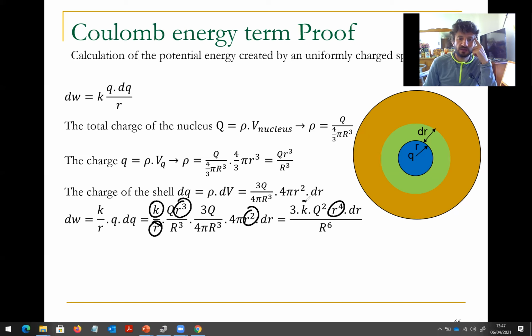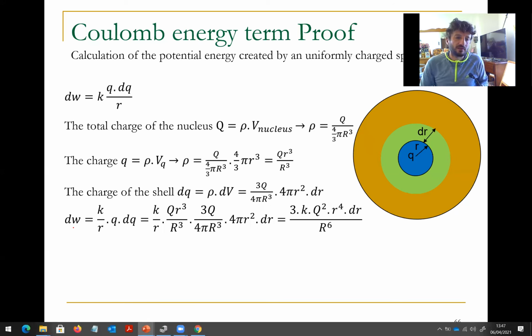We have k, capital Q times capital Q equals Q square. Here we can eliminate 4π and 4π, and R cube times R cube equals R^6, times dr.